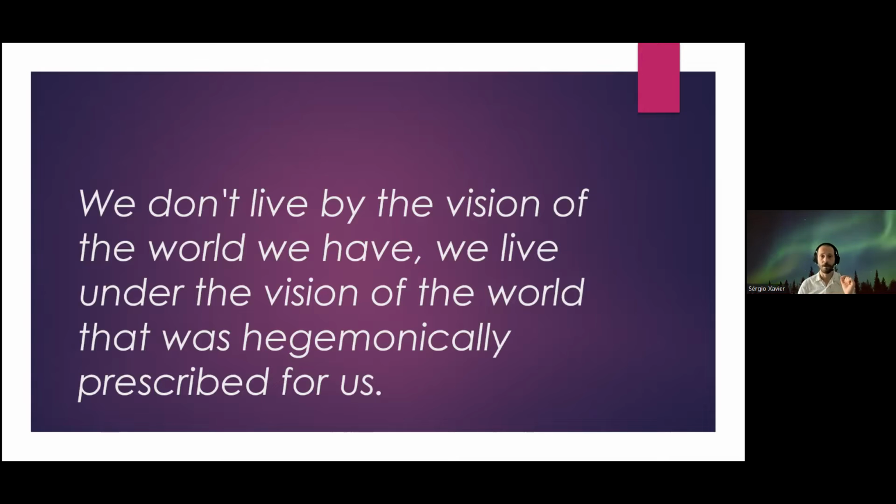So, coming back to the question of what is social change, when we say that there are things that can't change in society, we are very aware of the challenges we face when we try to break hegemonies.